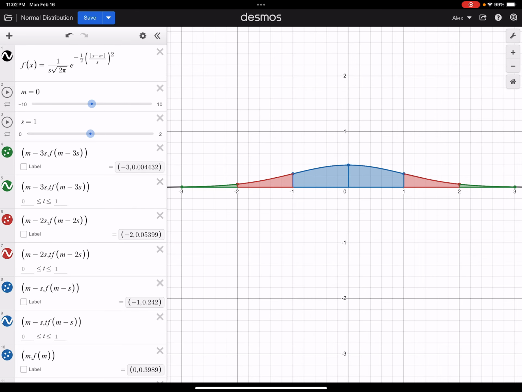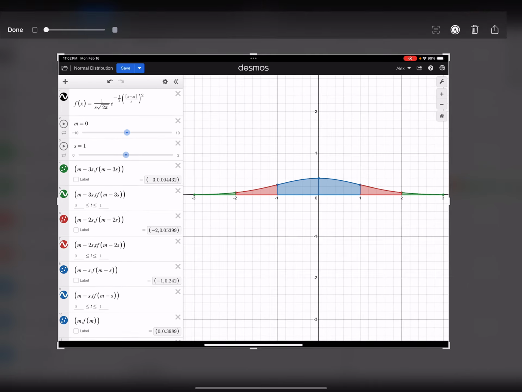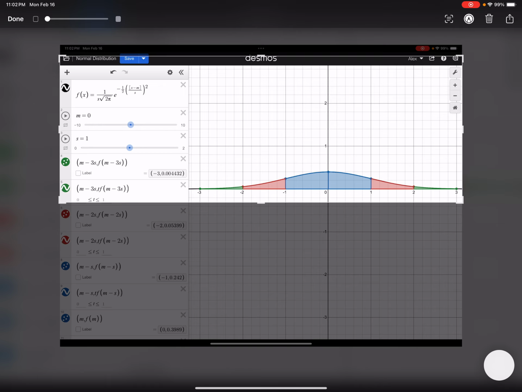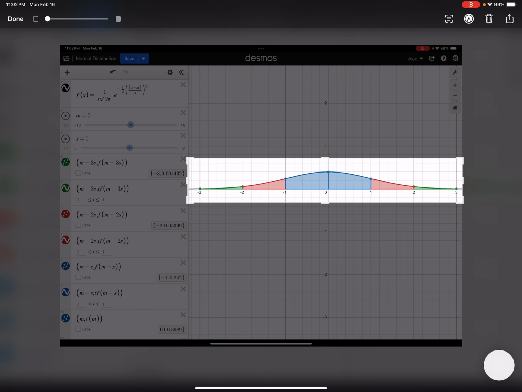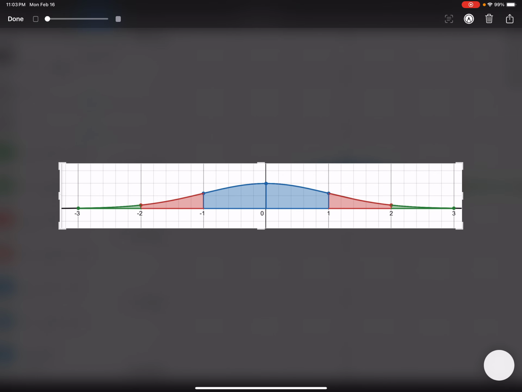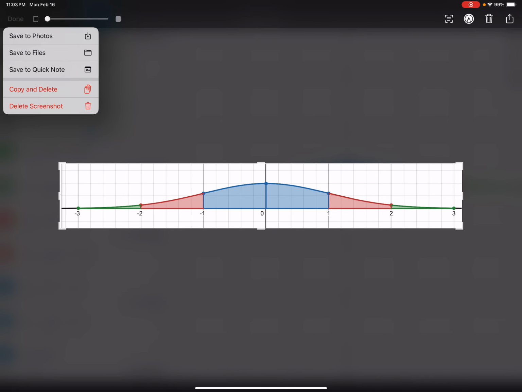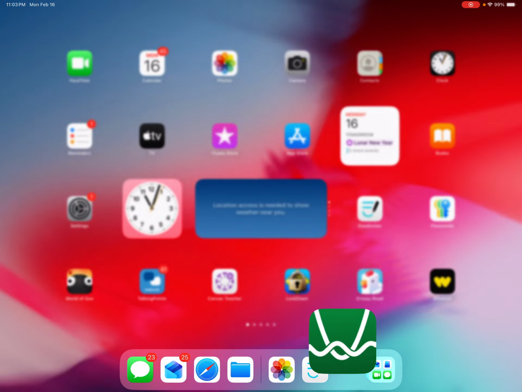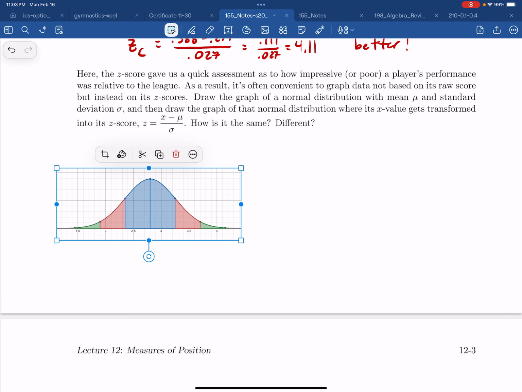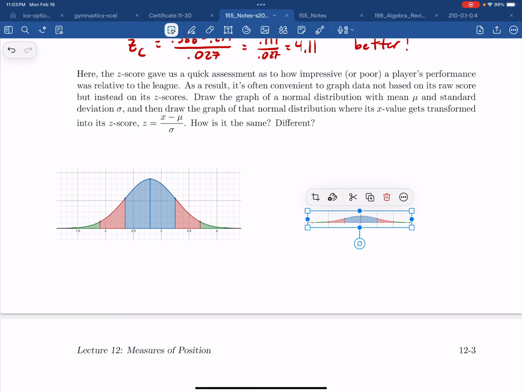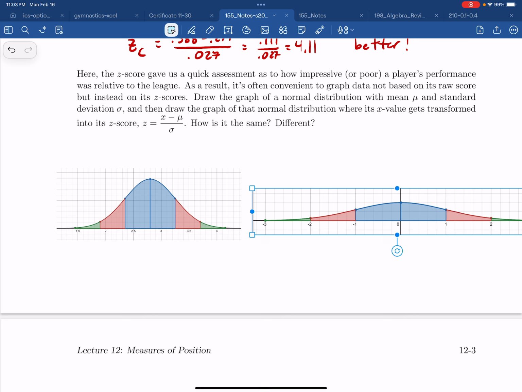But it is still a normal distribution. There, now we can adjust on the fly. And so we still have a normal distribution, it's just standardized.